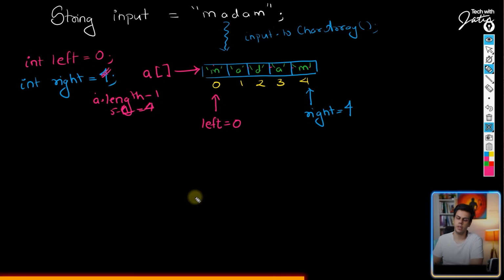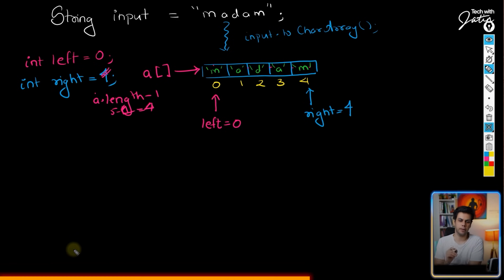Perfect. Now, for this particular string to be a palindrome, whatever the element which is there on the left index should be equal to the element which is there on the right index.